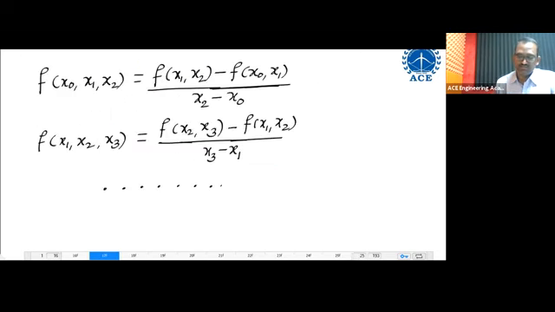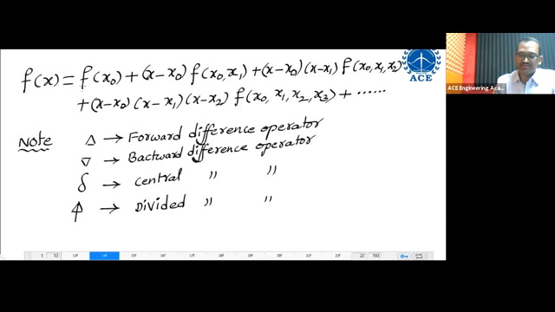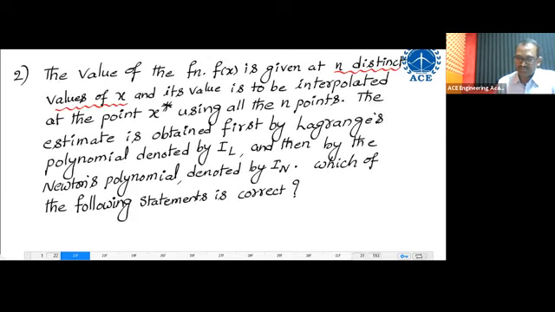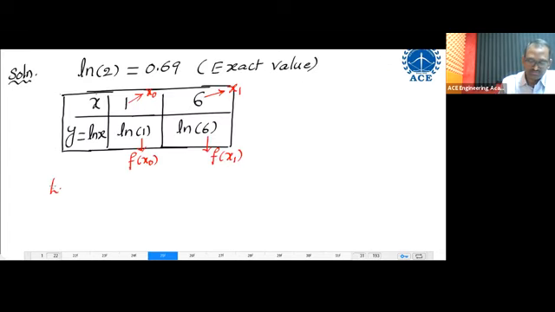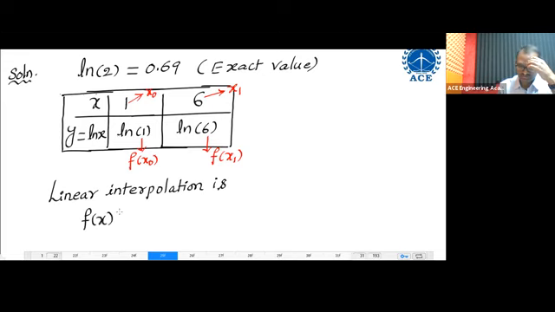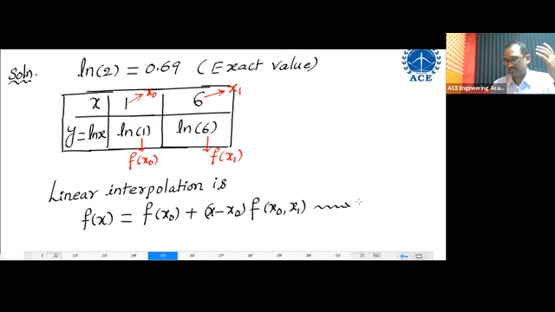Linear interpolation means the first two terms of Newton's interpolation polynomial: f of x0 plus x minus x0 into f of x0 comma x1. First, let us calculate f of x0 comma x1.